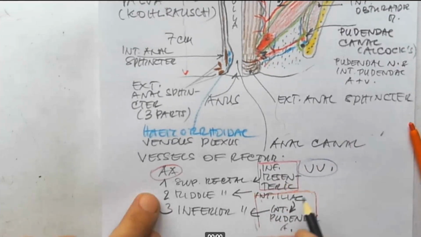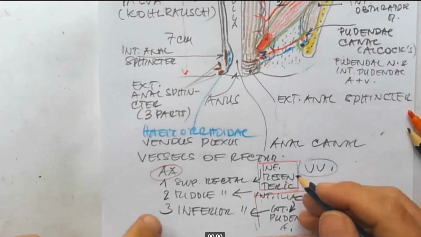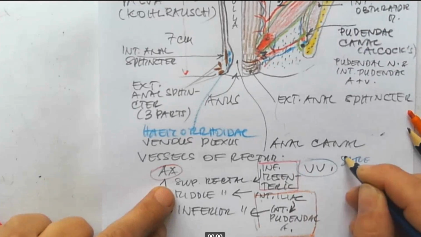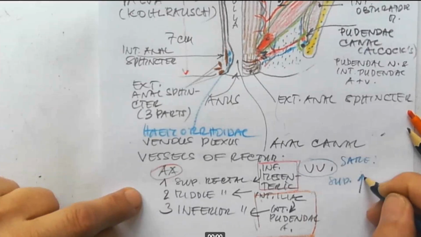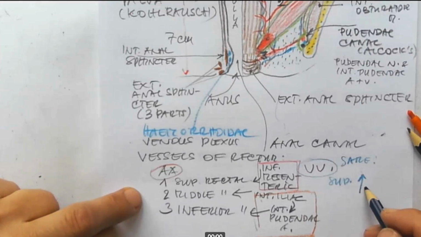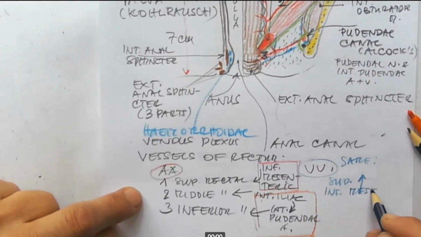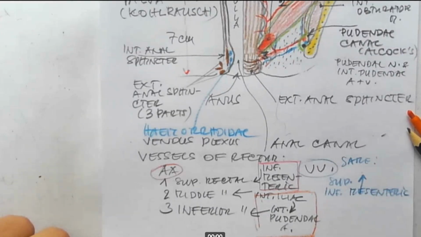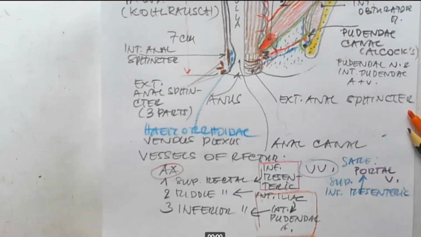So the inferior mesenteric will return as the superior rectal veins, and the course is the same. Superior runs up to the inferior mesenteric, and the inferior mesenteric opens, as we remember, to the portal vein. So this is the portal system.